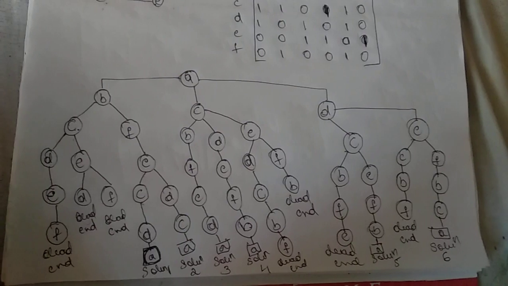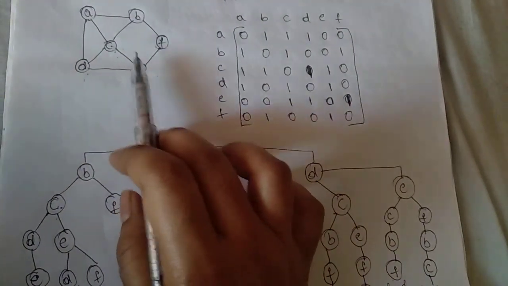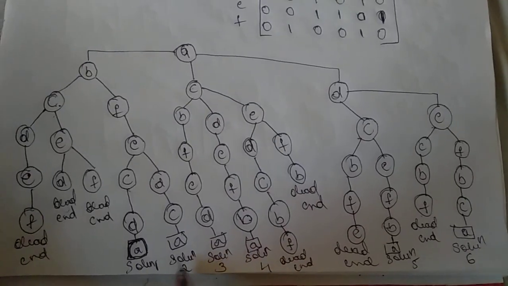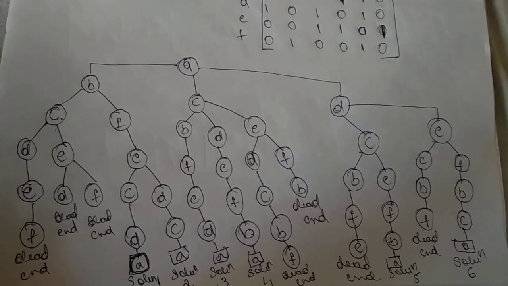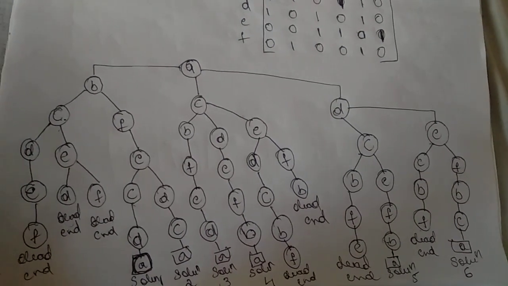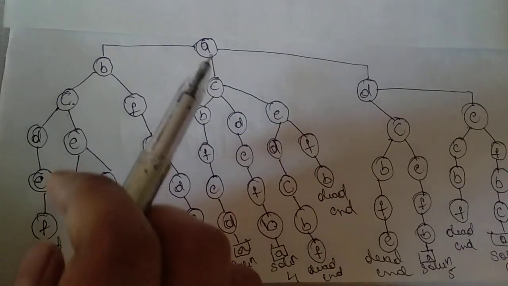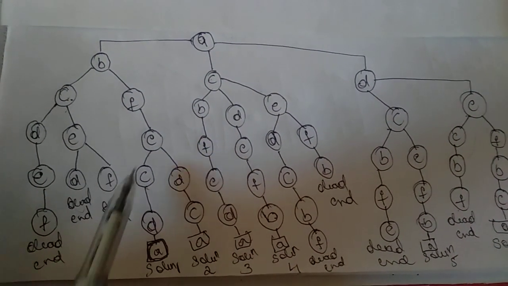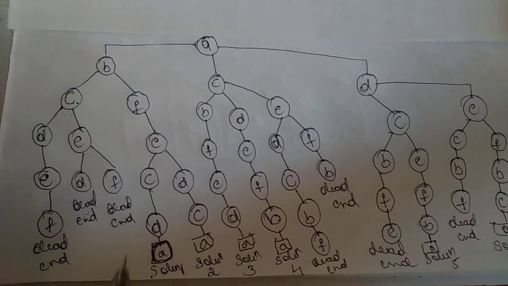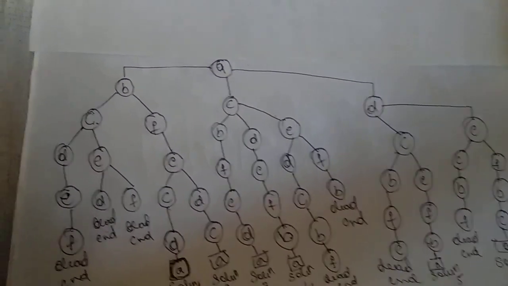So here, what we have found out, from this given graph, there are 6 possible cycles. We'll write all these cycles. See, what are the possible cycles? From A to B, B to F, F to E, E to C, C to D and D to A. This is solution 1.